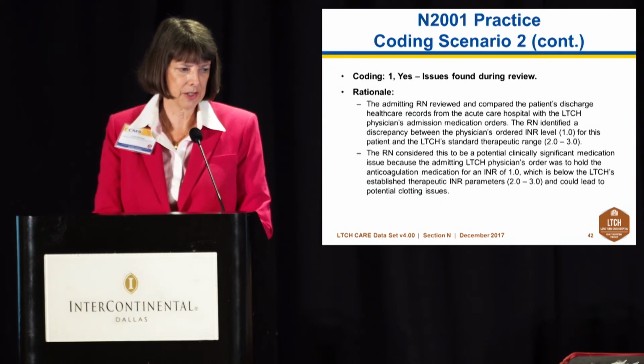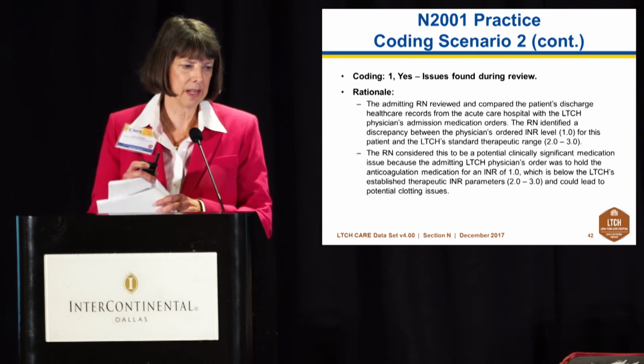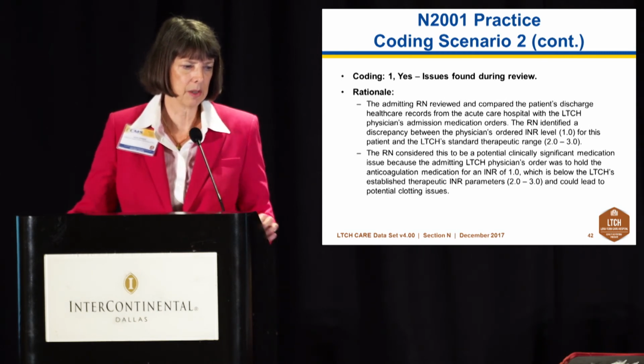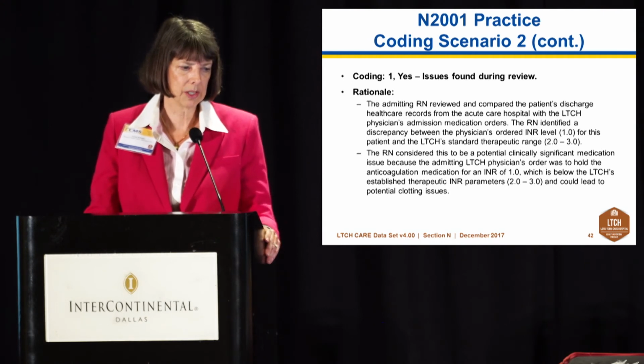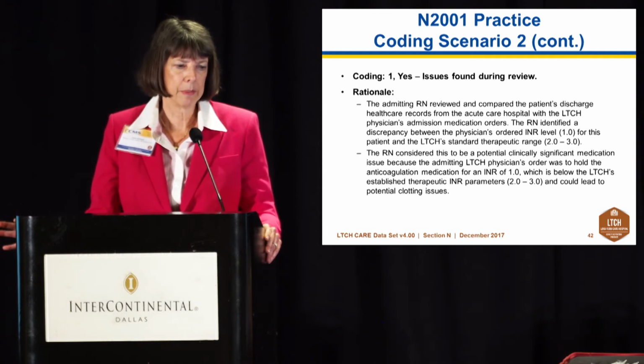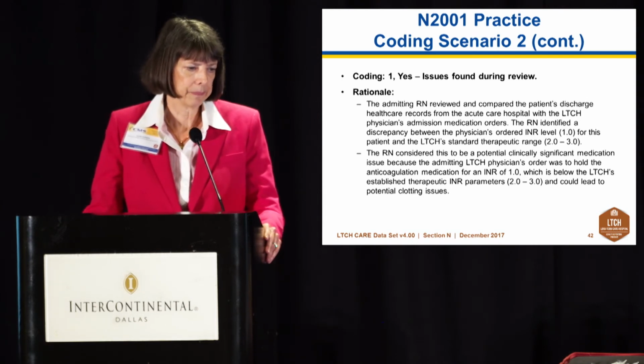And of course, the rationale here was that the admitting RN reviewed and compared the patient's discharge healthcare records from the acute care hospital with the LTCH physician's admission medication orders, and the RN identified a discrepancy between the physician's ordered INR level of 1.0 for this patient and the LTCH's standard therapeutic range of 2.0 to 3.0.